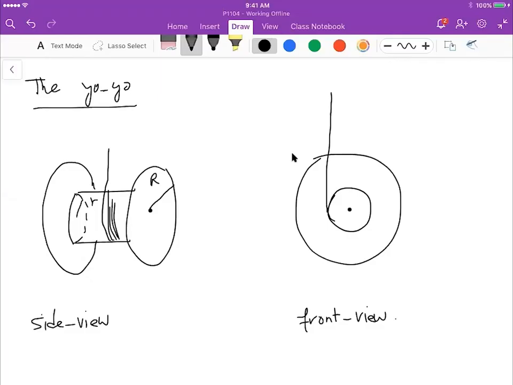So in this picture here, you can see two figures. The first one shows how this yo-yo is made.